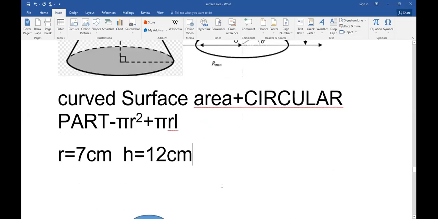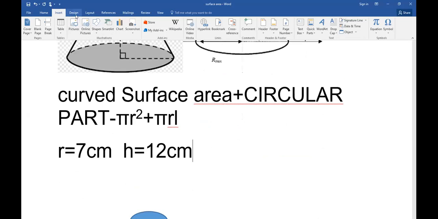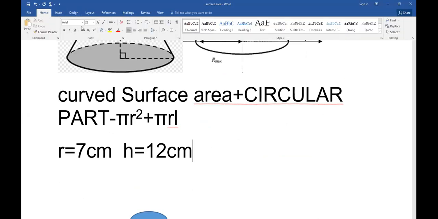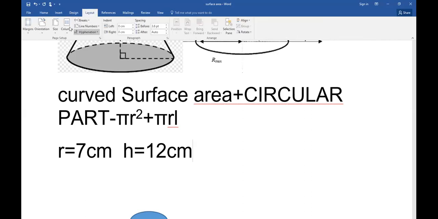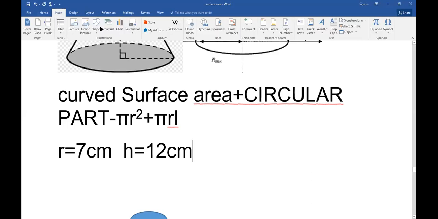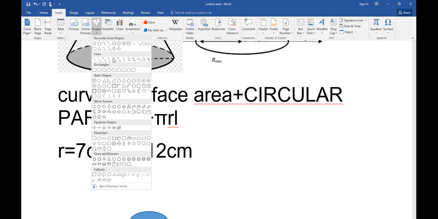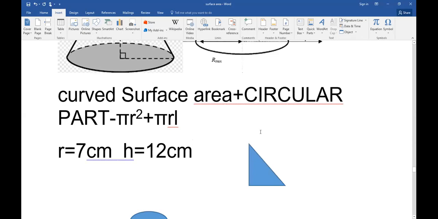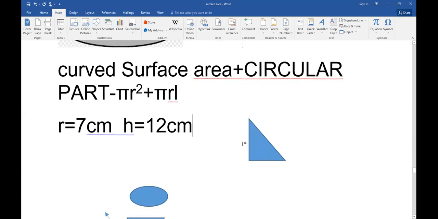Now I want to draw a right angled triangle so that you can see how that figure is going to look like. So this here, as you can see, is the height, which is 12 centimeters.